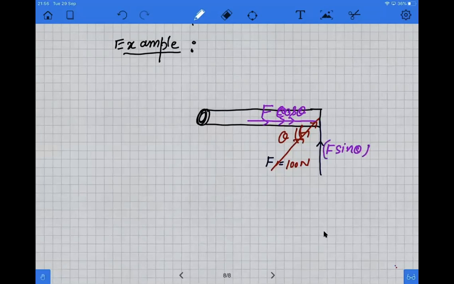So the moment will be the product of the component of force that is perpendicular. So the moment will be the perpendicular component, that is F sine theta, multiplied with the given distance.